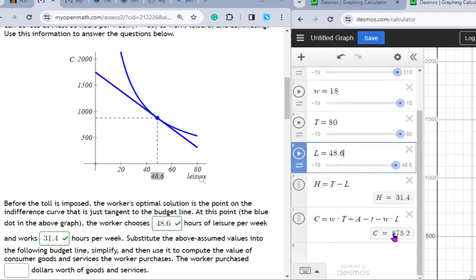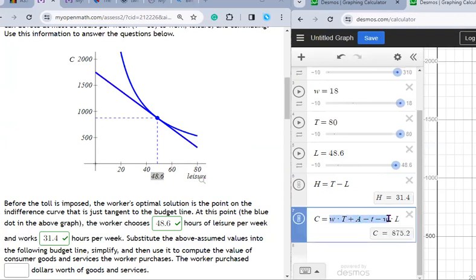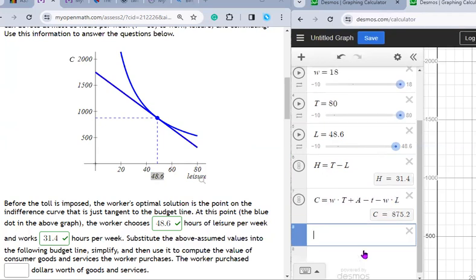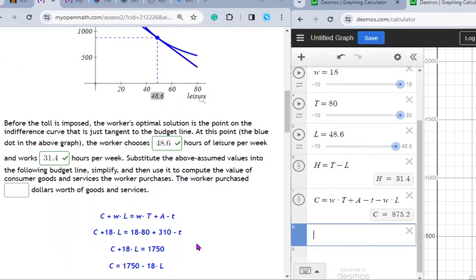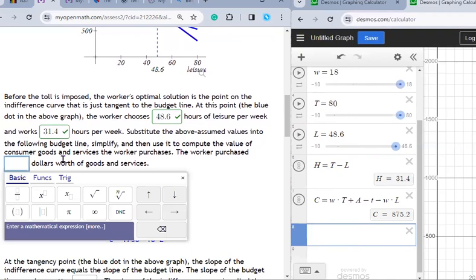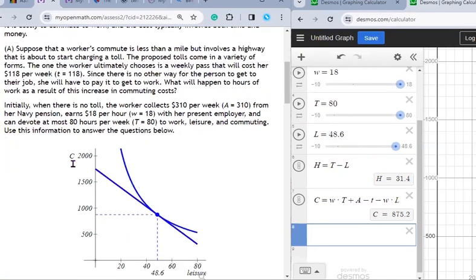And it is. It's $875.20. So what Desmos does is after it substitutes all these values in, it's going to substitute the 48.6 right there, right? And so consumption is $875.20.